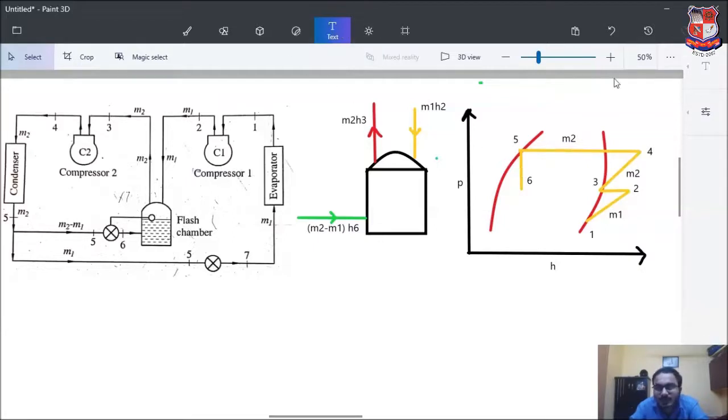Let me clarify this. This is M2 minus M1, that is this portion, and the same as it is in the flash chamber, it is getting converted into vapor. That is not useful.